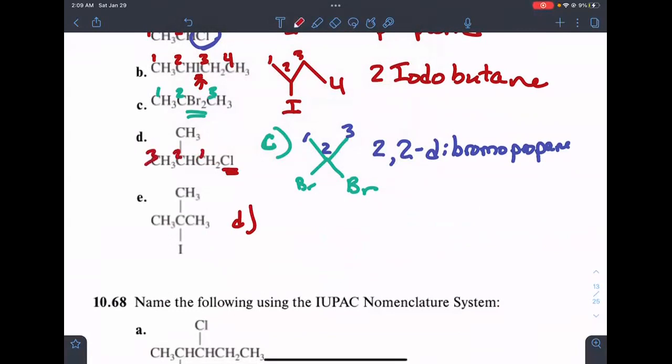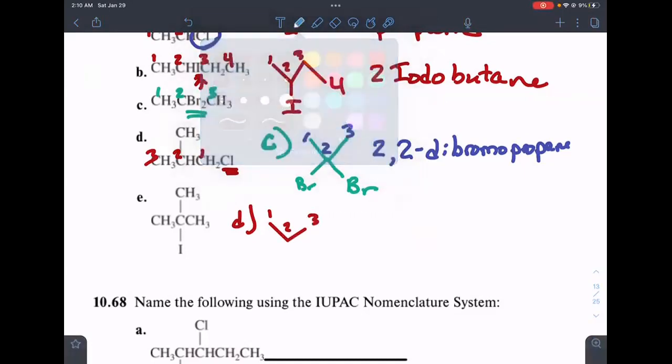That gives me my lowest numbers possible, right? So I'm going to do it with 1, 2, 3 carbons. And that's all I have for carbons, right? Now I'm going to have to put a chlorine on carbon 1. And then on carbon 2, I need a methyl group.